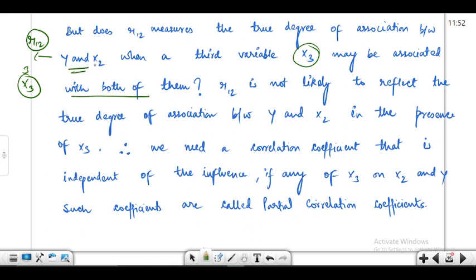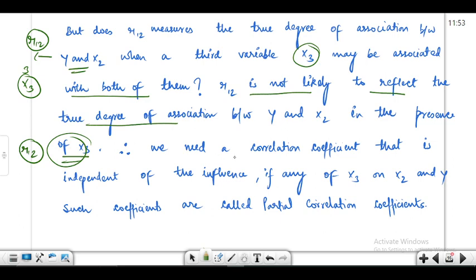Because there might be the influence of an extra variable on these two variables, right? The answer is that R12 is not likely to reflect the true degree of association between y and x2 in the presence of x3, because variables might affect each other, and that is why R12 will not be able to capture the true association between y and x2.